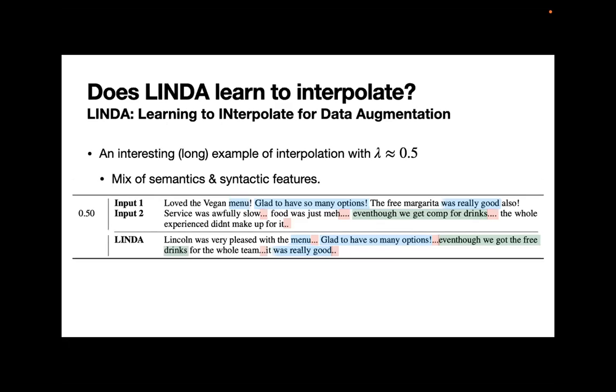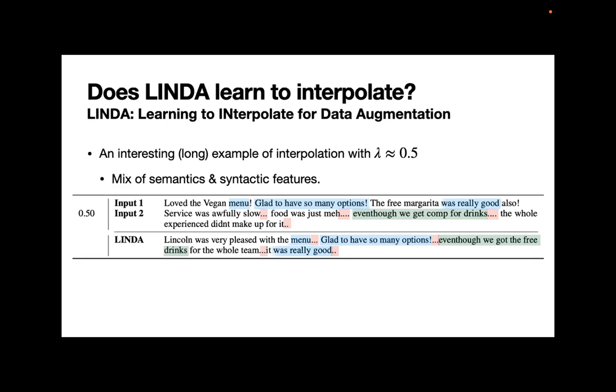And the second one was about how horrible the place was. But what you notice is that when we generate from it, it actually has much more content from the first input, but how it's written down, the syntactic information, is so much closer to the second input.